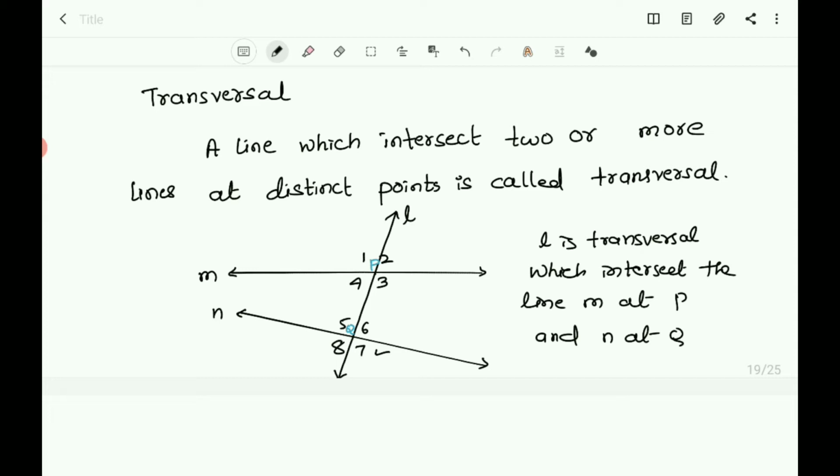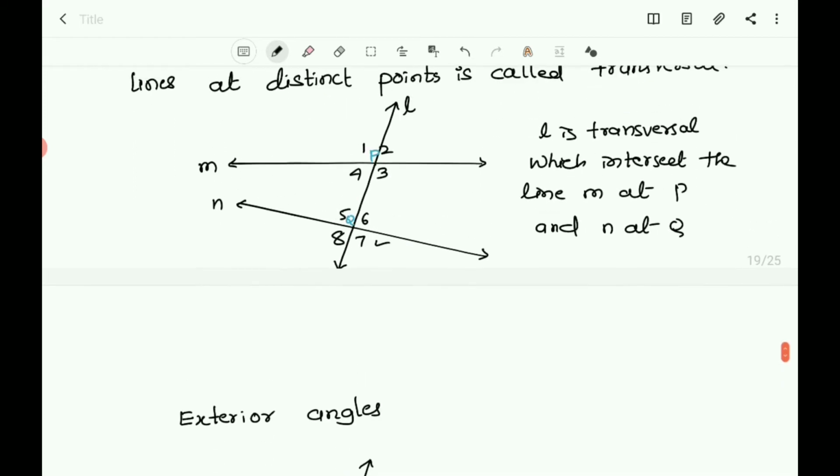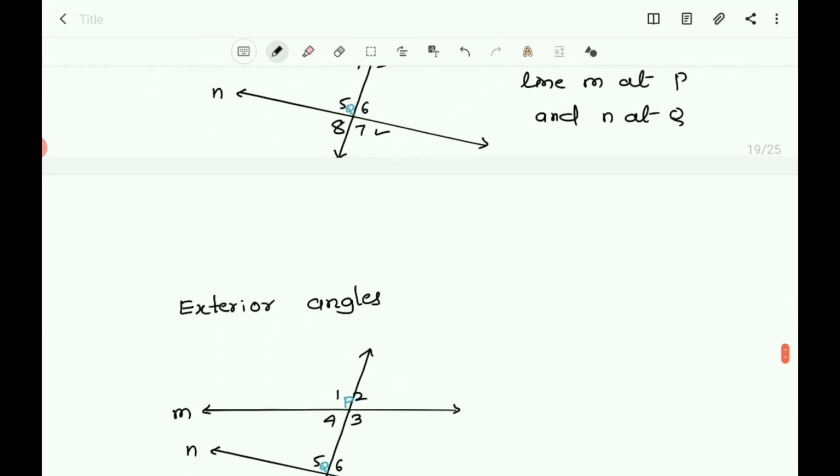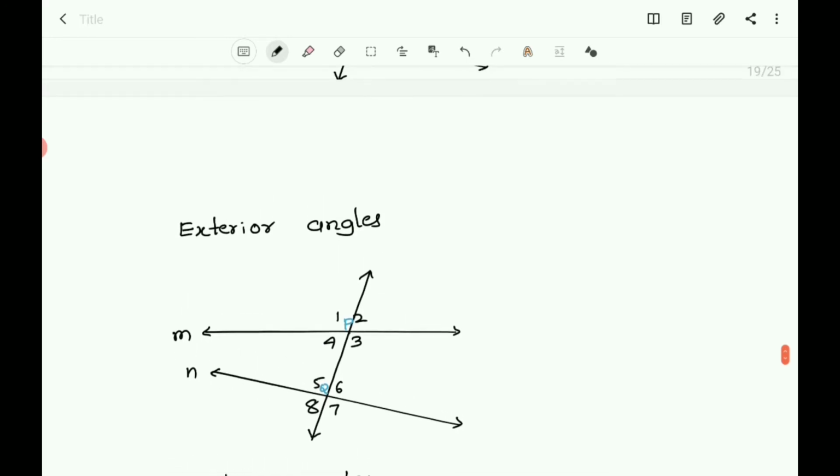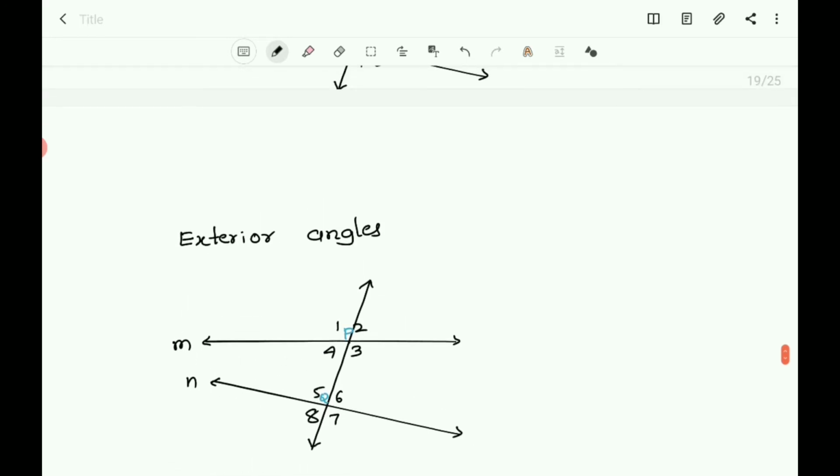And there are different names for the angles here. The first one is exterior angles. What are exterior angles made by the transversal of two lines?